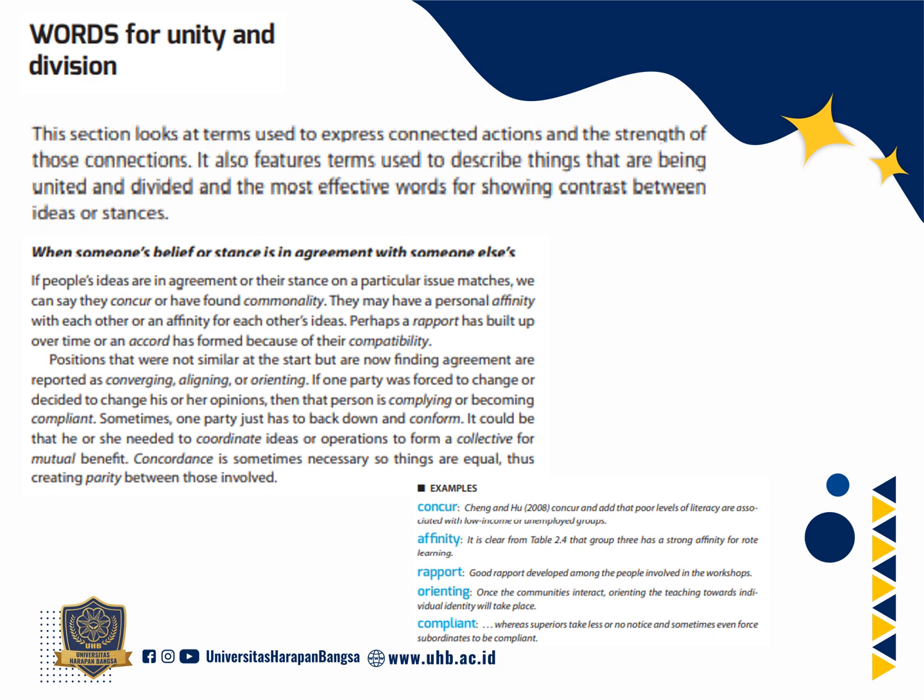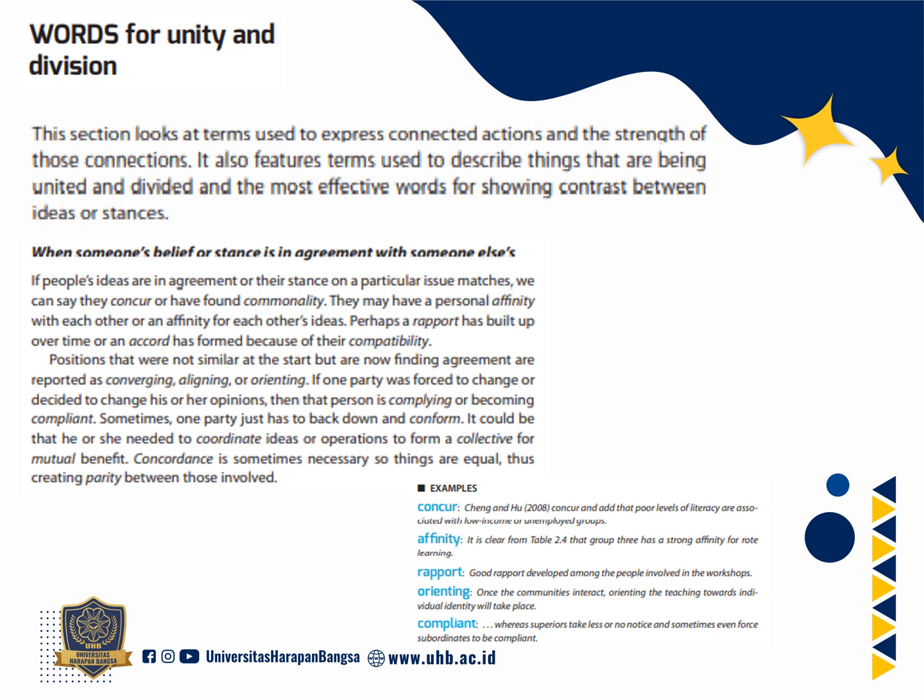The following are examples of words related to agreement with someone. Concur: James and Hu, 2008, concur and add that poor levels of literacy are associated with low income or unemployed groups. Affinity: It is clear from Table 2.4 that Group 3 has a strong affinity for rote learning.